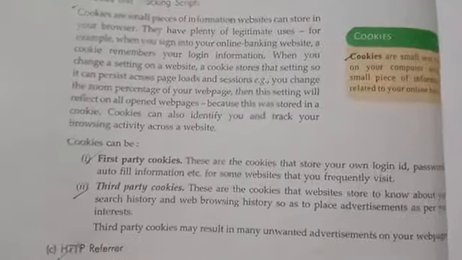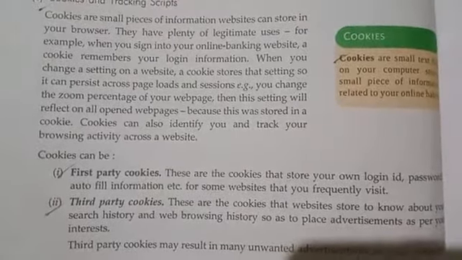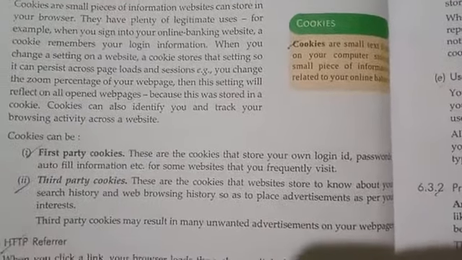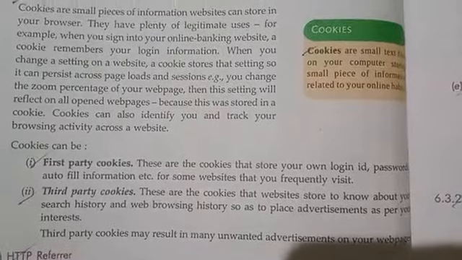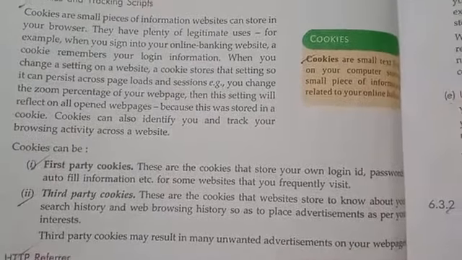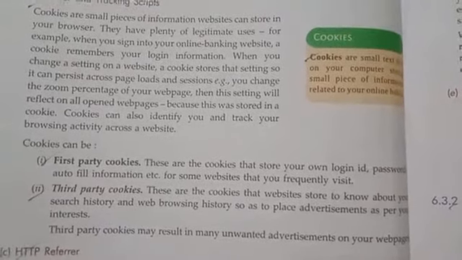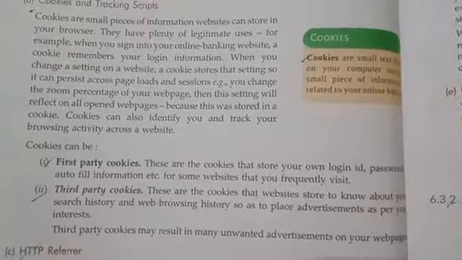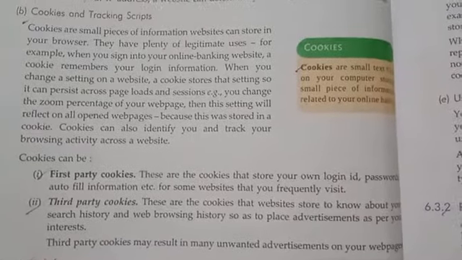There may be two types of cookie: first party cookie and third party cookie. The first party cookie stores your login id and password and other autofill information. For example, if you continuously log in to a particular site using a username and password, that login id and password is stored in the first party cookie.